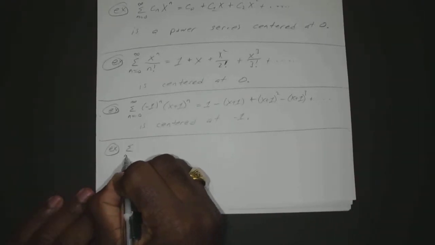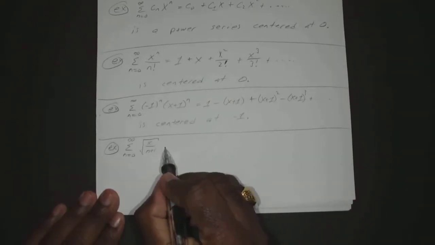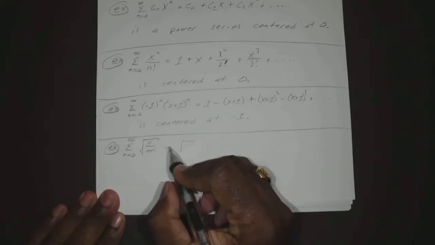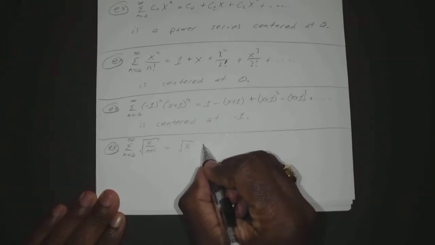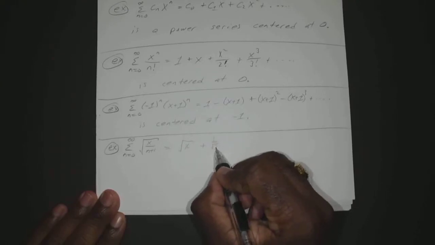Okay, but let's say you have the sum from n equals 0 to infinity of the square root of x over n plus 1. If you plug in n equals 0, you have square root of x over 1. If you plug in n equals 1, you have 1 over square root of 2 times square root of x.